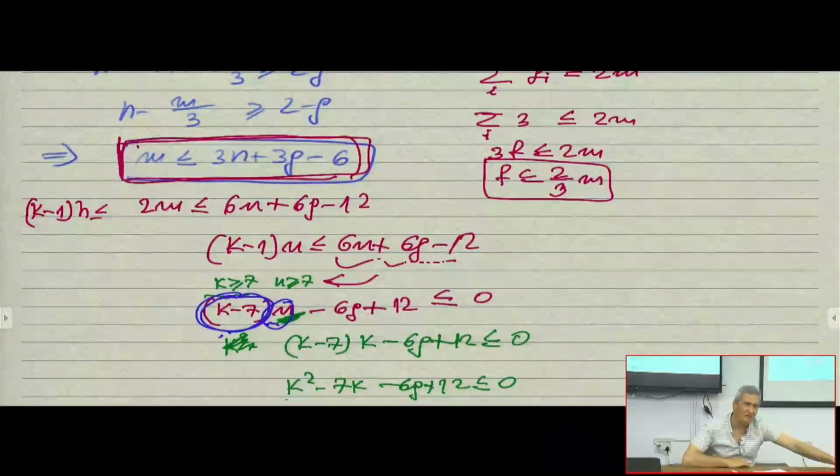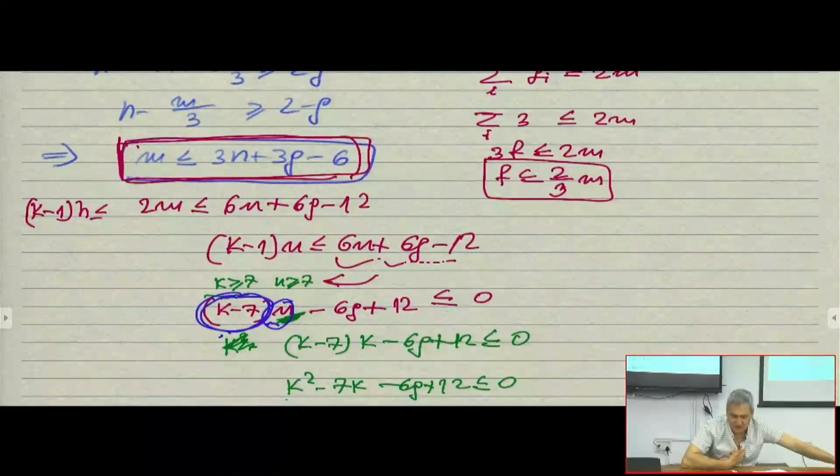But it's wrong if k minus 7 is negative, then you are actually not going from here to something smaller, something goes wrong, yes, it's negative.